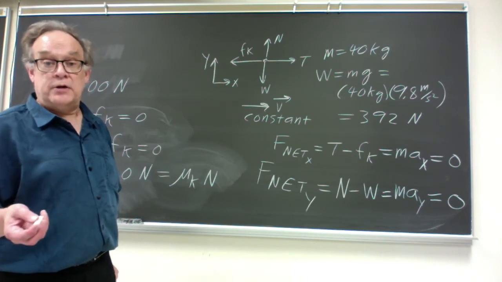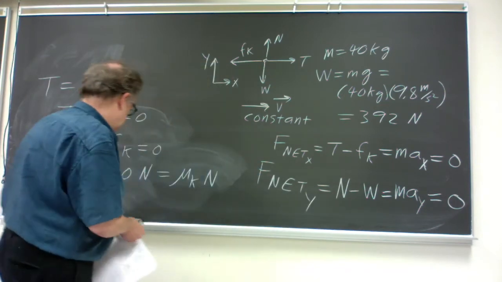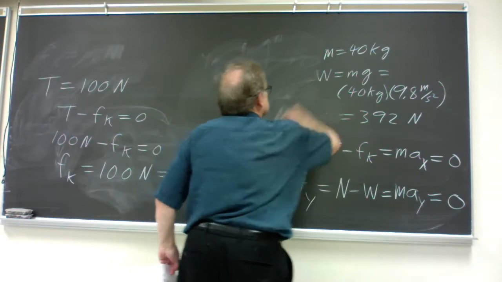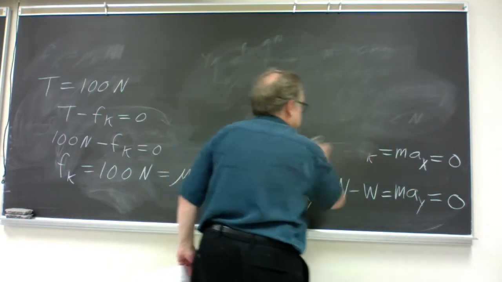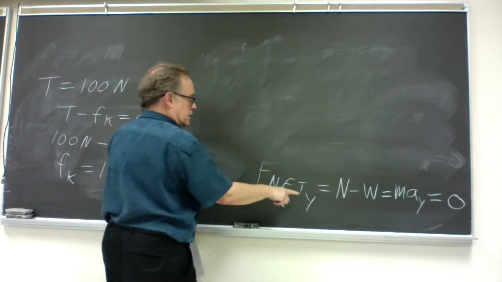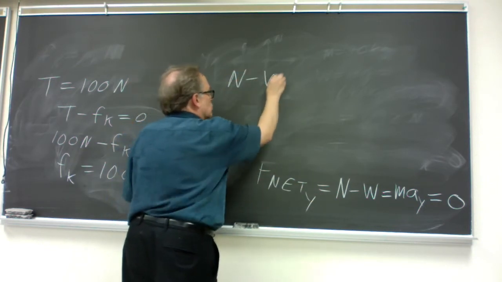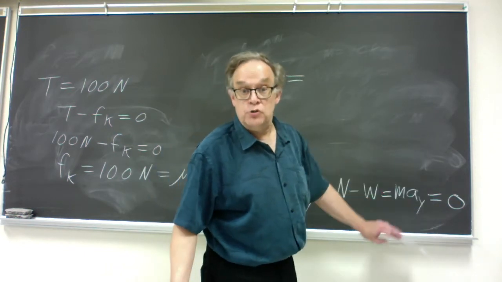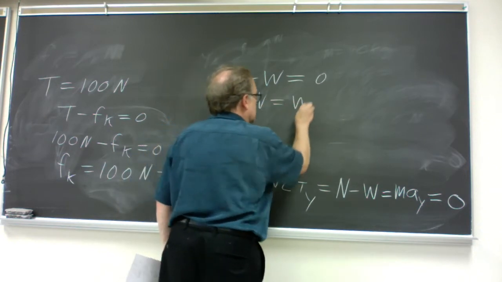And we can figure out what that normal force is by looking at this. Net force along the y direction is just normal force minus weight. But there is no net force. Those two forces must cancel each other out. So the normal force is just equal to the weight.